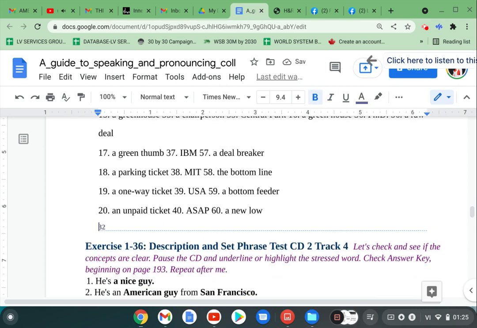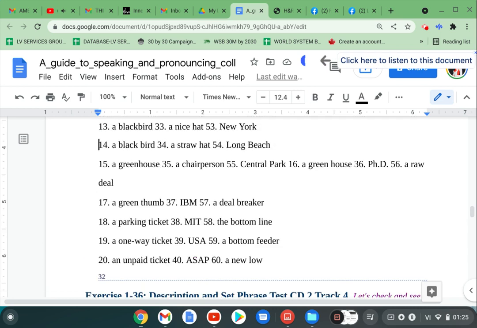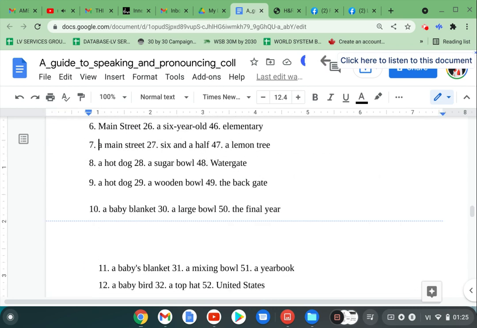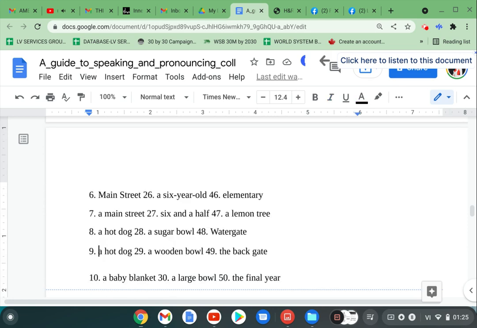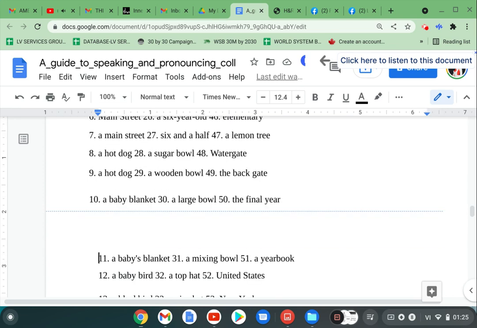A pickup truck. 25. 6 years old. 26. A 6-year-old. 27. 6 and a half. 28. A sugar bowl. 29. A wooden bowl. 30. A large bowl. 31. A mixing bowl.